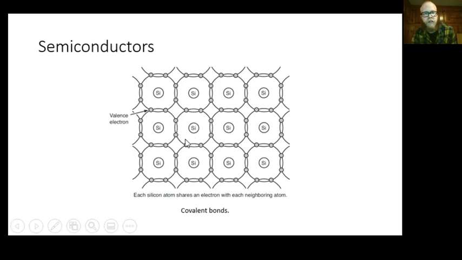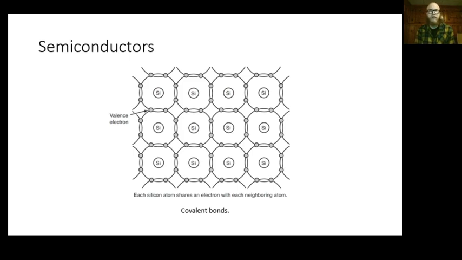But this atom is sharing these 8 with, here a couple are being shared with this one, a couple with this atom, a couple with this one, a couple with this one. So no one atom at any time has all 8 electrons, but no atom at any time has less than 8 electrons. And this is a very, very stable state.